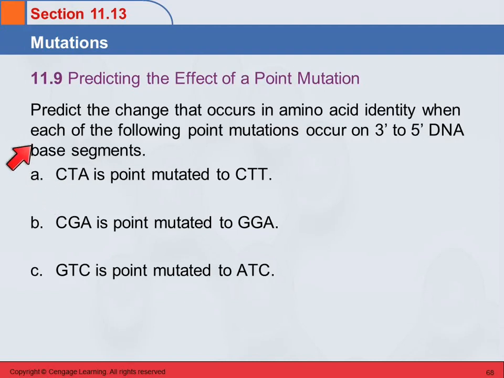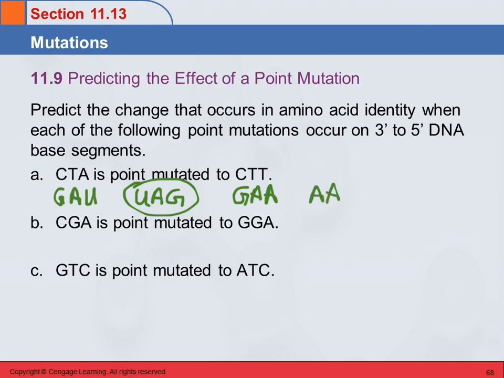But this is talking about the DNA base segments, and so the RNA would be the opposite, right? This is where we ran into some trouble last week. So T would be with A and A would be with U. And then that's backwards, so at least I think it's backwards. So this is the codon. And then this guy, C, is with G, T, A, and T is A. And so the codon that would arise from that one is AAG.